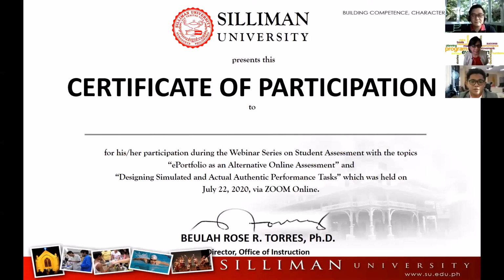Silliman University presents this certificate of participation to all attendees this afternoon for his or her participation during the webinar series on student assessment with the topics e-portfolio as an alternative online assessment, and designing simulated and actual authentic performance tasks, which was held on July 22, 2020 via Zoom online.